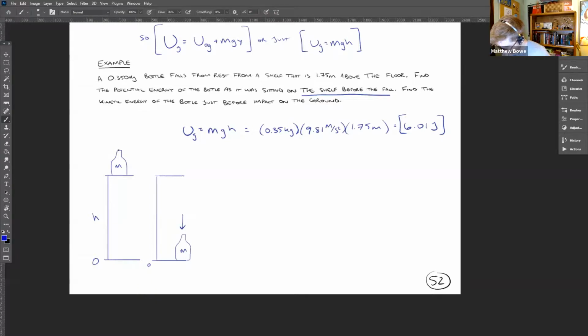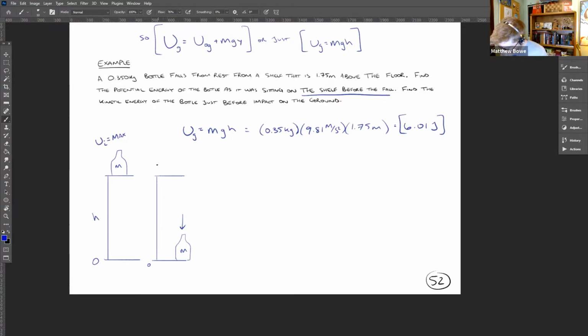While the bottle is up here on the shelf, this is the initial potential energy. I'm just going to say it's a maximum. That's where it starts out. That's its full amount.